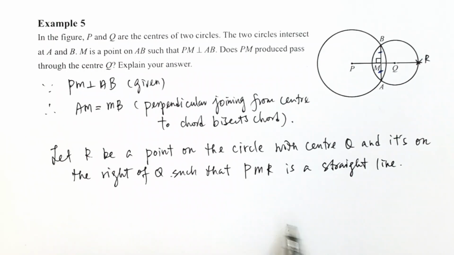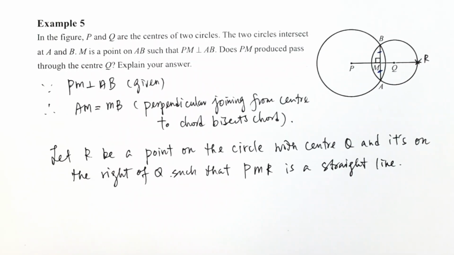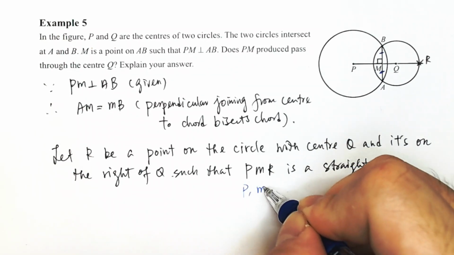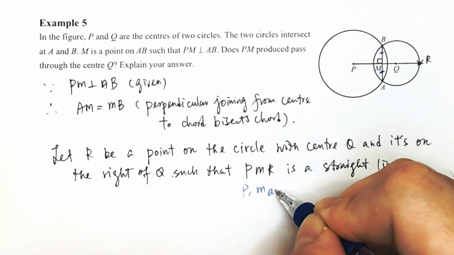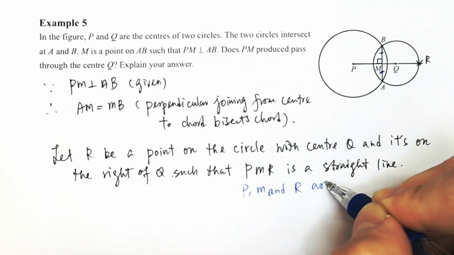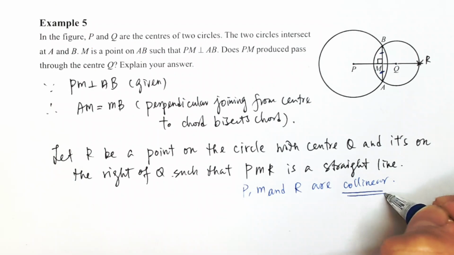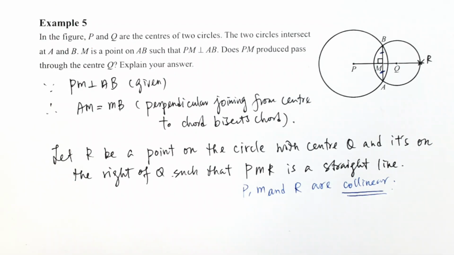One reminder for you is that you can also say here the 3 points P, M, and R are collinear. You should have learned this word in Form 3, so just a reminder for you.